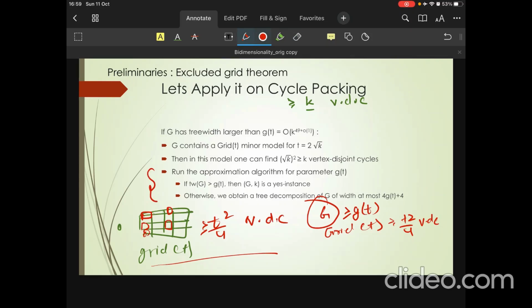Now we define an approximation algorithm. This approximation algorithm has already been discussed in our lecture on tree width.